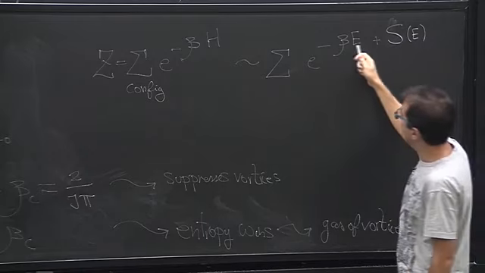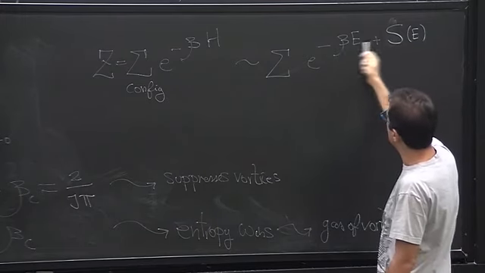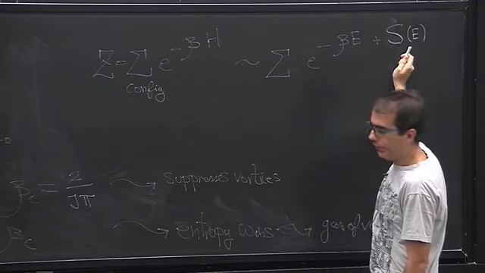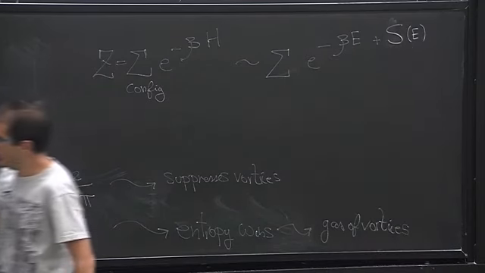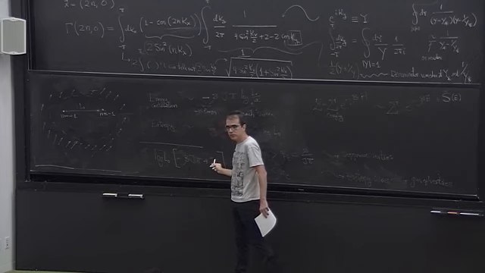So do I want to have more entropy? Entropy is good. Low energy is also good, and I have to see who wins. And indeed, we just see who is bigger. Is it the energy contribution or the entropy contribution?